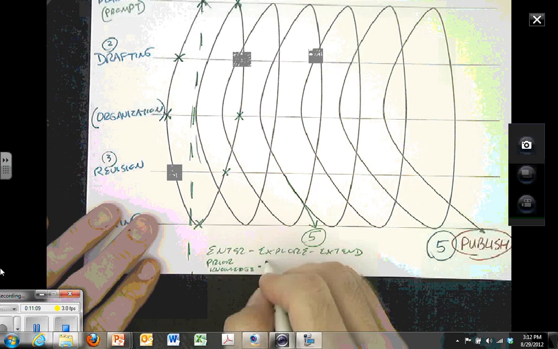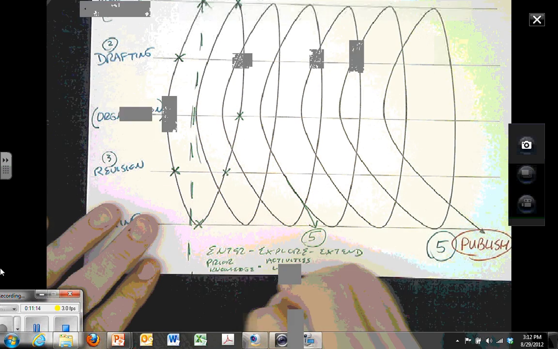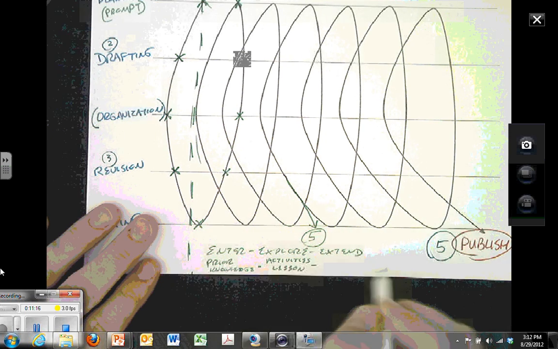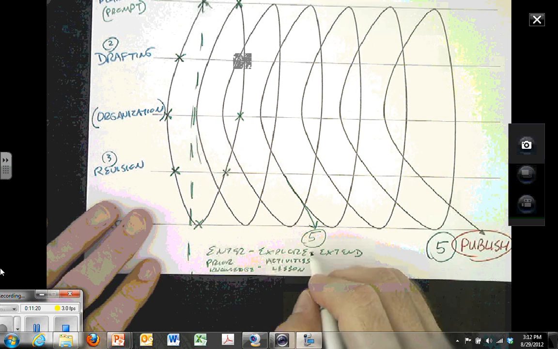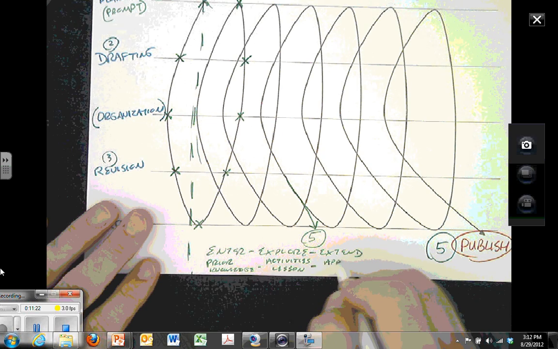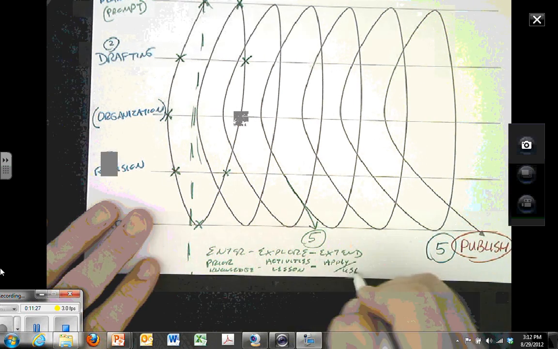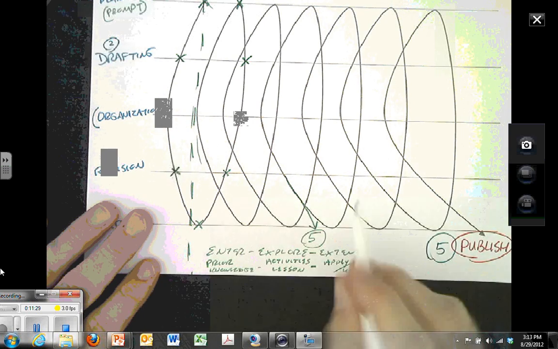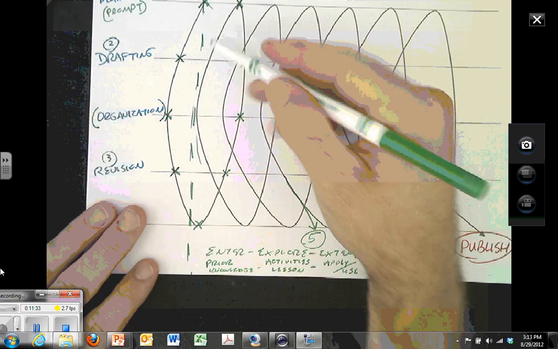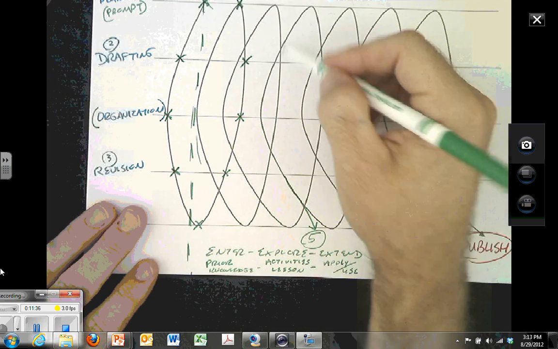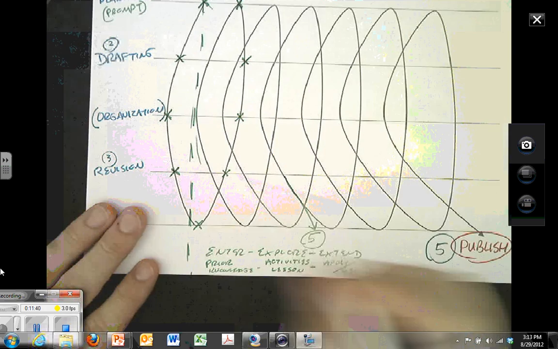What kinds of activities, what kinds of lessons will students do to explore their new knowledge, their new skills, their new understanding, to build upon what you're teaching. And then extend. How can they then apply or use, pretty much the same thing, the new skills that you've taught. So here you're building, you're teaching, they're applying and building, you're teaching, they're applying and building, you're teaching, all the way through until you publish your piece.